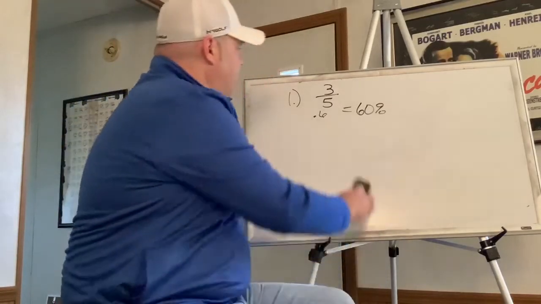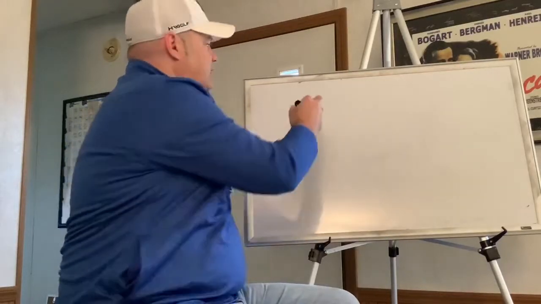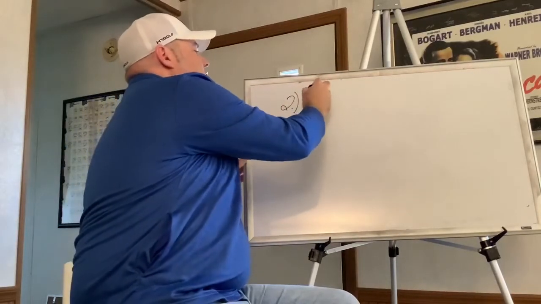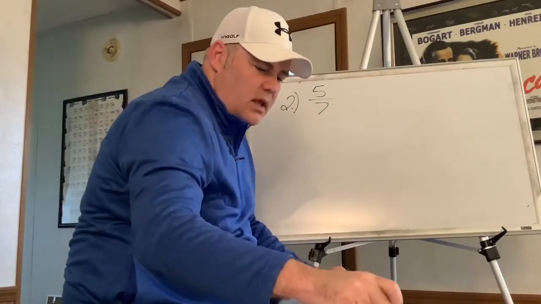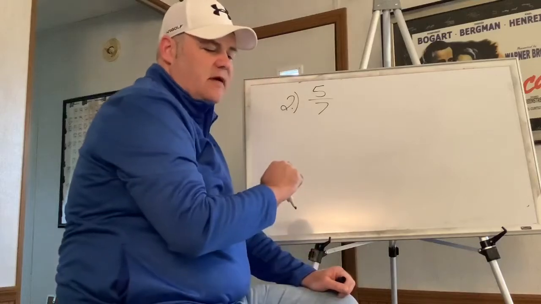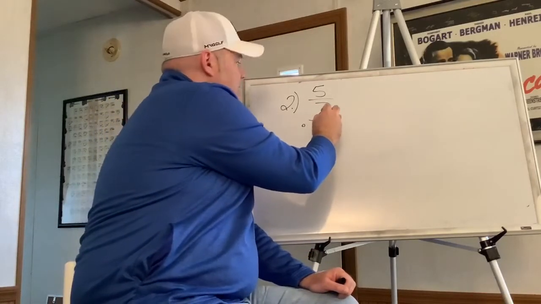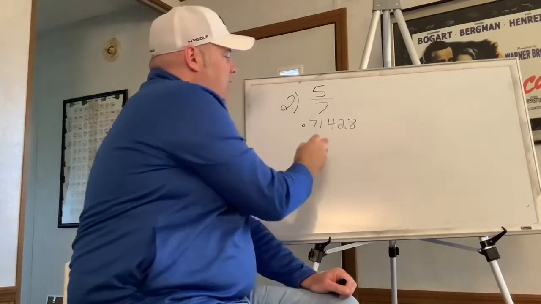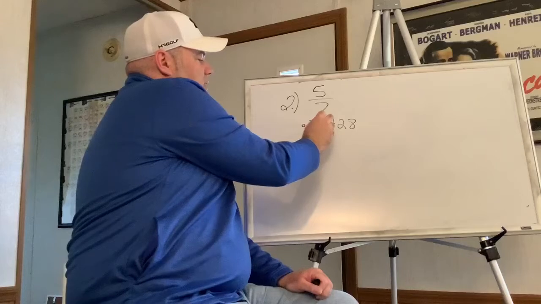Okay, then I had you do 5 out of 7. So number 2 was 5 out of 7, and as a fraction, 5 over 7, so same thing. We just take 5 divided by 7, and you get 0.71428. It keeps going. If we're doing a percentage, we move it twice. So it's 71.4%.